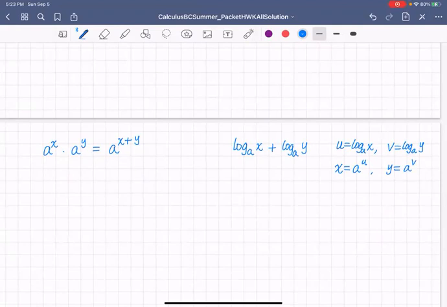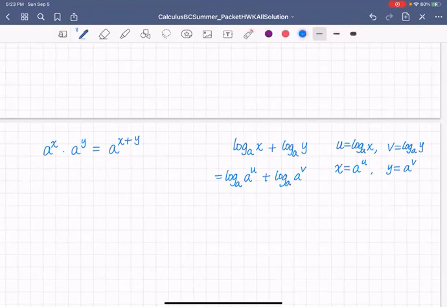Make sense? Okay. So this becomes log a of a to the power u times a to the power of v. Does this make sense? Okay.